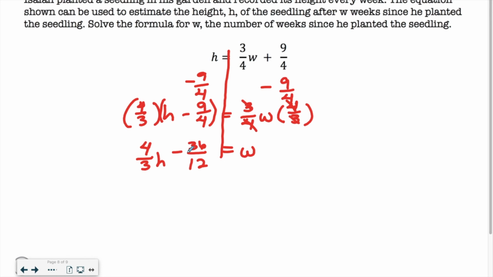And I know that there's 3 12s in 36, so I can just divide the top and the bottom by 12. Negative 36 divided by 12 gives us negative 3, and 12 divided by 12 is just 1. So that gives you 4/3 h minus 3 equals w.